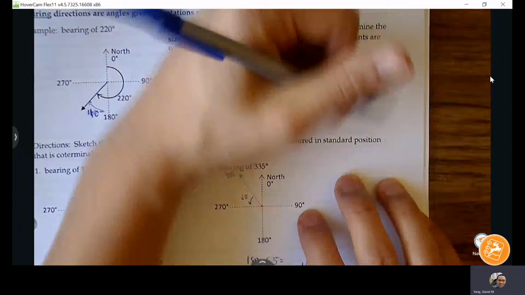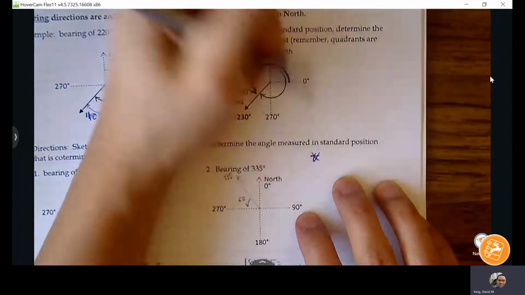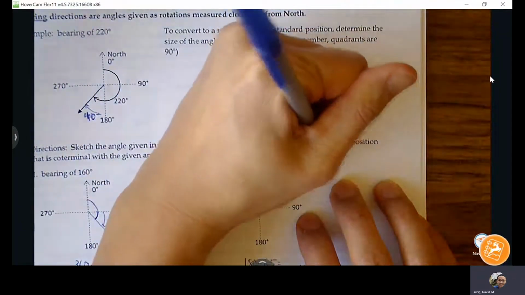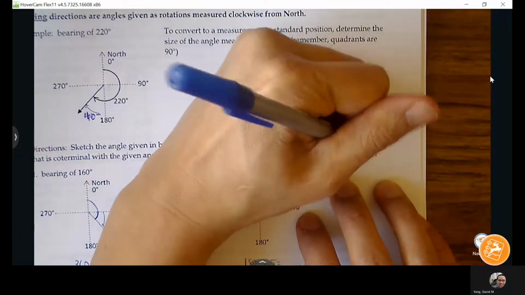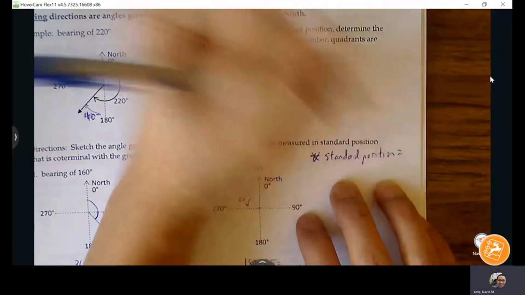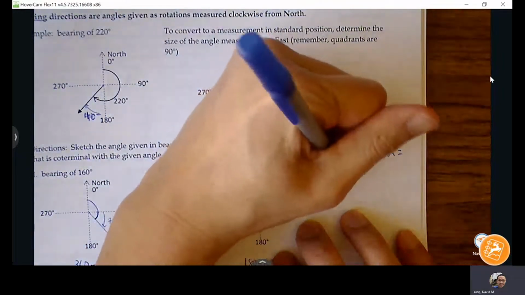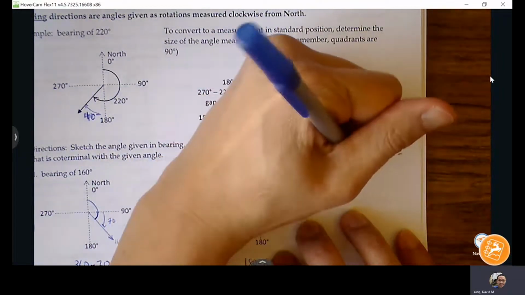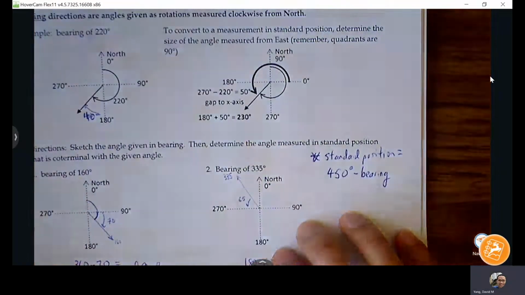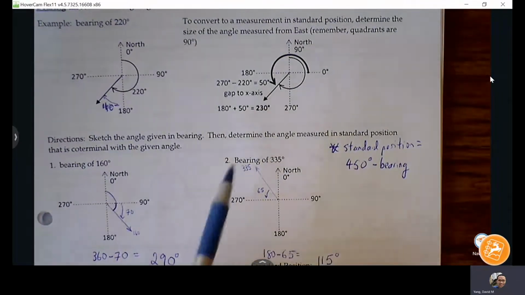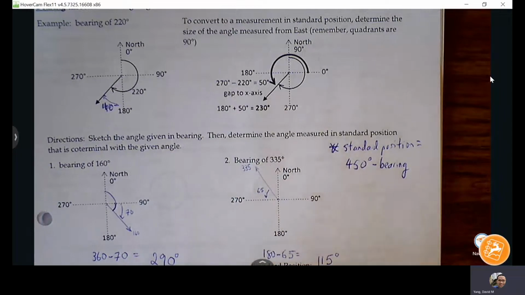Okay, so the formula that we're going to be using here with the shortcut is standard position. Any standard position that I'm looking for is just going to be 450 degrees minus whatever bearing. They call this true bearing because on the next page, we're going to be talking about bearing that is starting from a different location.